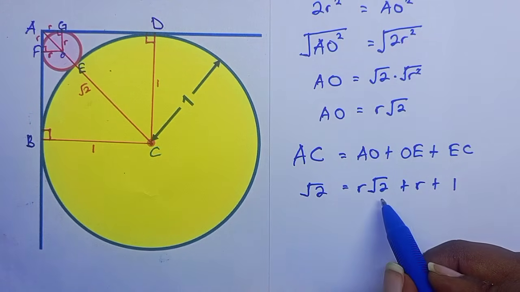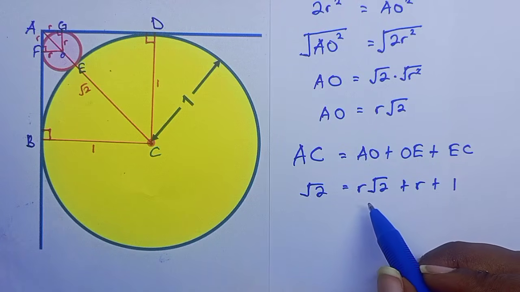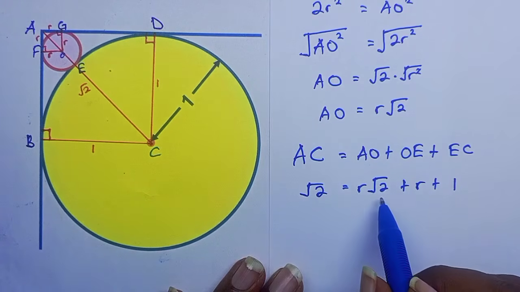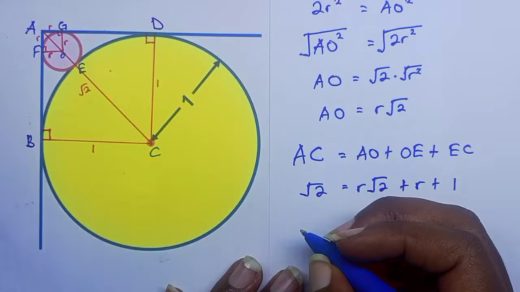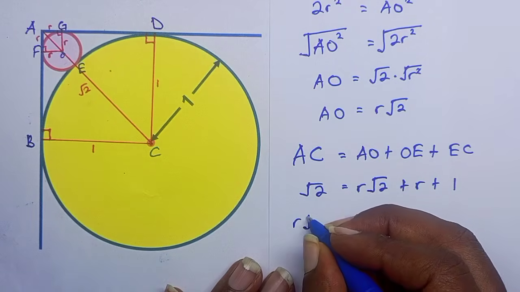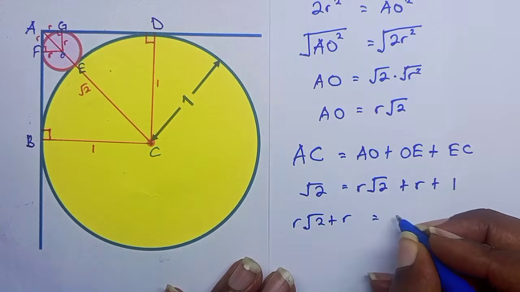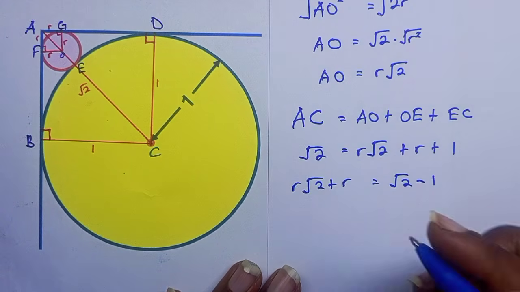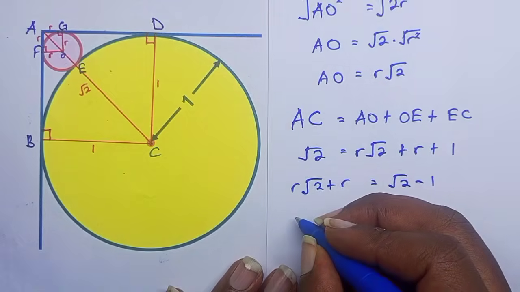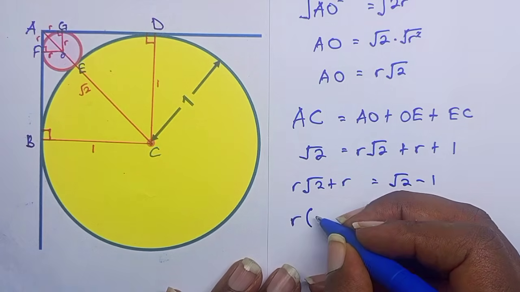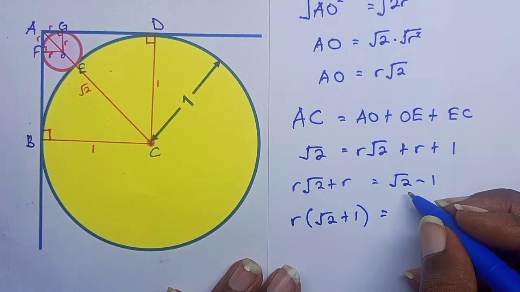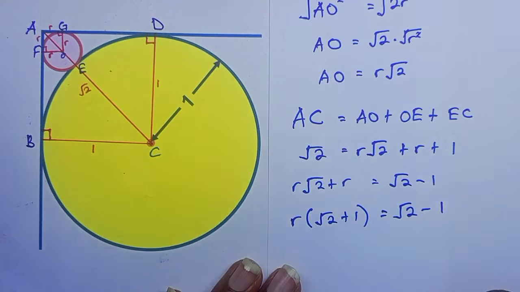So let us take root 2 to the other side and bring the values with r on this side. So we shall have r root 2 plus r is equal to root 2 minus 1. Here r is common, we factor it out, we shall have r times root 2 plus 1 being equal to root 2 minus 1.